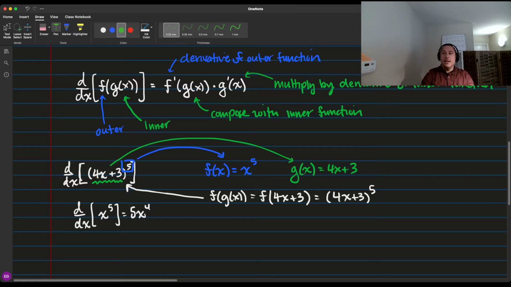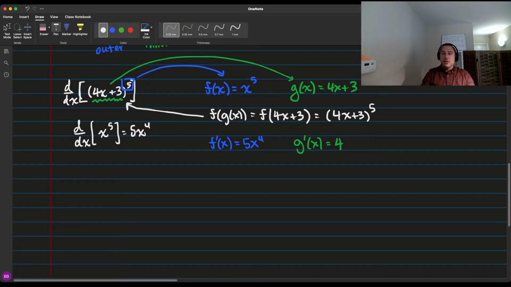Okay. Now, the chain rule says you need to know what f prime and g prime are. So you ask yourself, well, what is f prime? If f is x to the fifth, f prime is 5x to the fourth. If g is 4x plus 3, your g prime is 4.